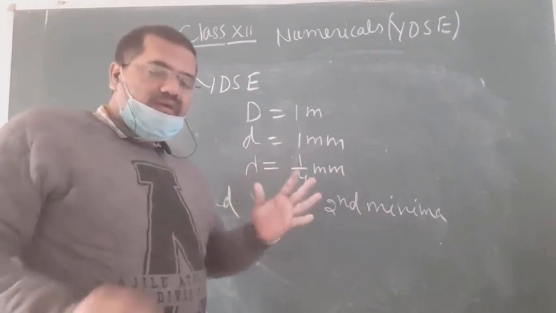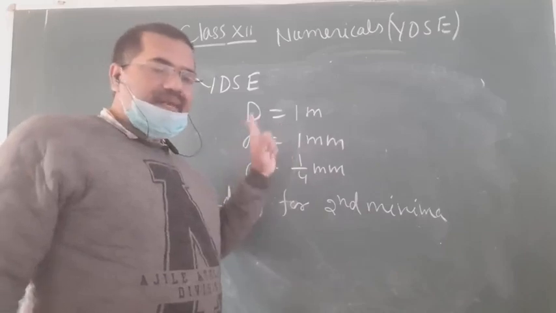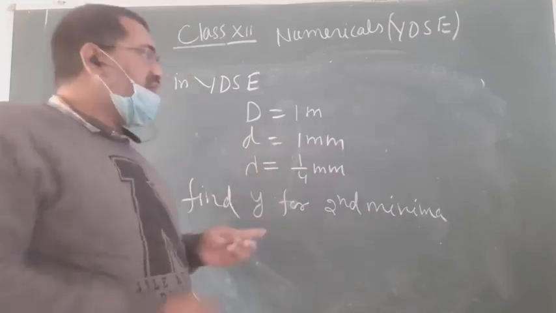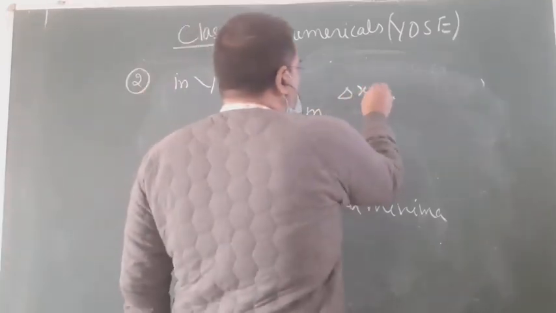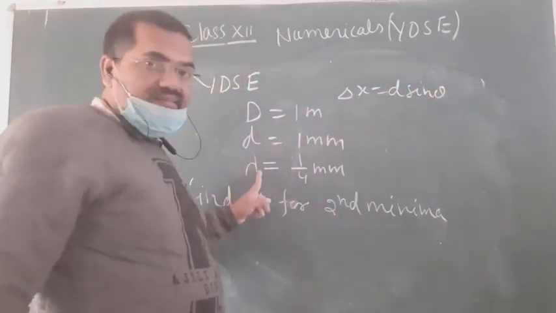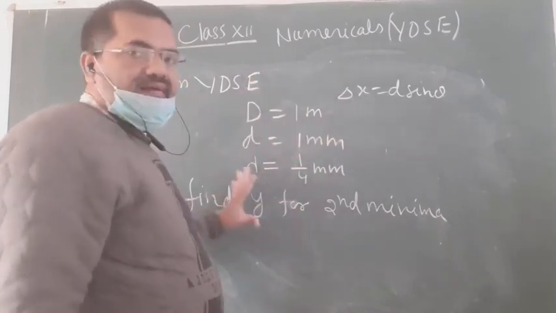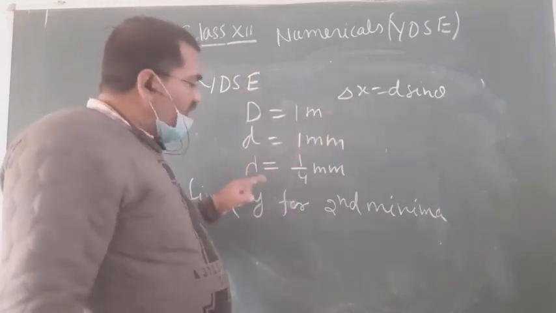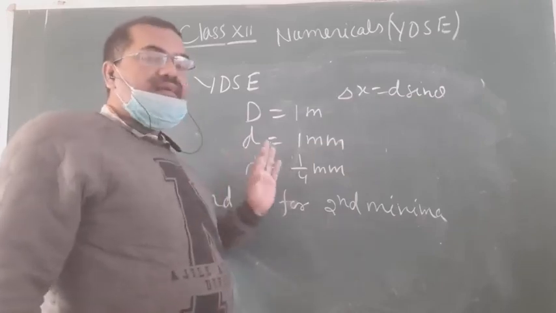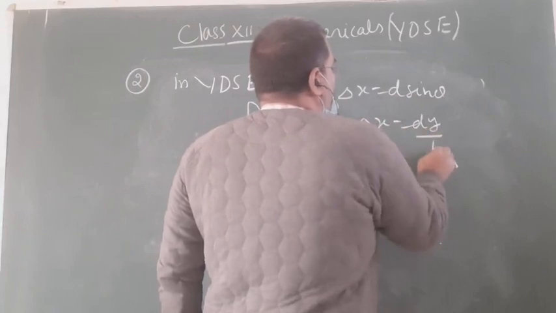So first of all, you should remember that for one assumption, that is small d much lesser than capital D, you should take the formula delta equal to d sin theta. But lambda is comparable to d, so this formula is valid for this data. If lambda is much smaller than small d, then you can say delta x will be d y by D. You can apply this formula then.